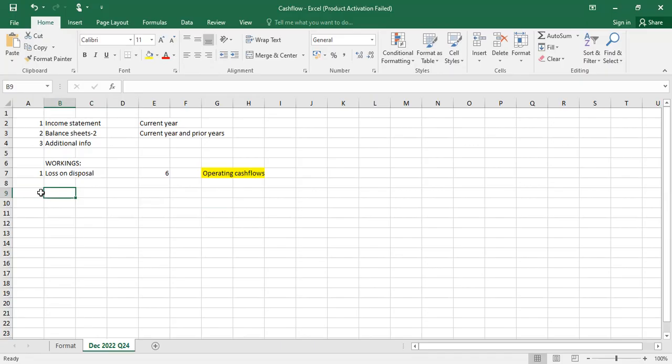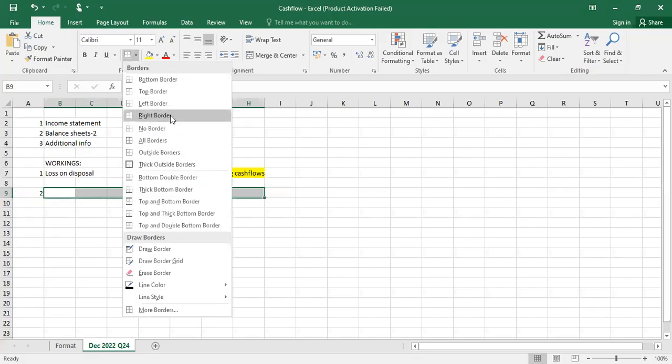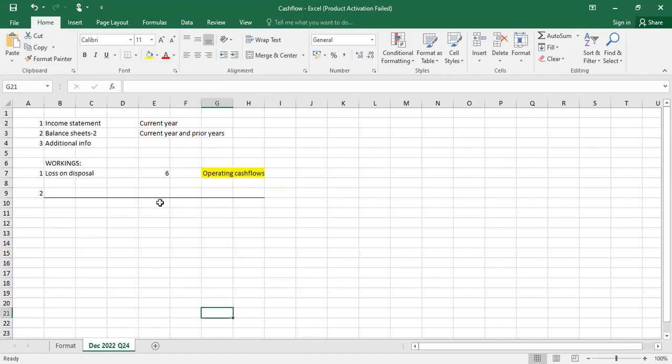when you dispose of an item of PPE, then you must adjust for the disposal within the PPE account. So the next working that I will have is the account for PPE, and so I will prepare one.